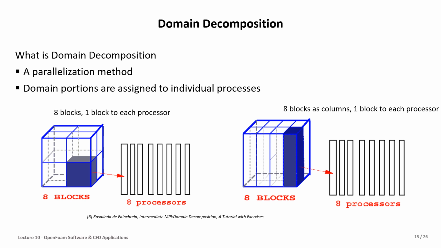Here in this slide, you can see an example of the decomposition for a block. First, the question is what is domain decomposition. First, it's a parallel method, and then the domain portions are assigned to individual processors. If we look at this example, it's a block, and it's divided into 8 small blocks, each block assigned to one processor.